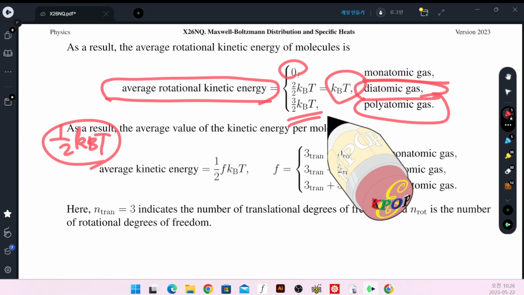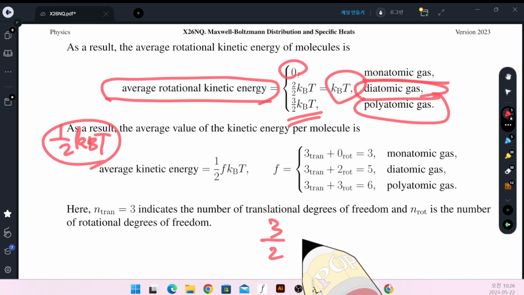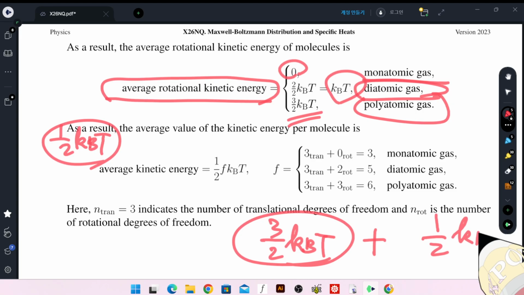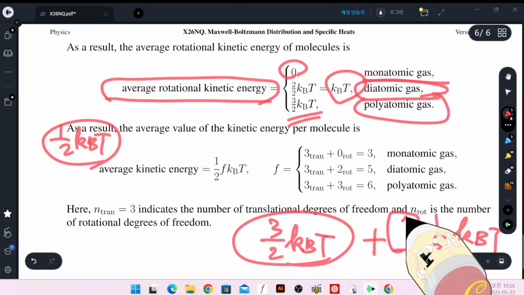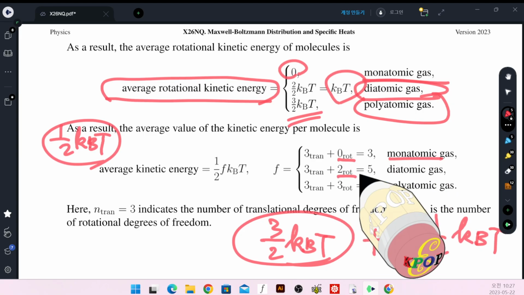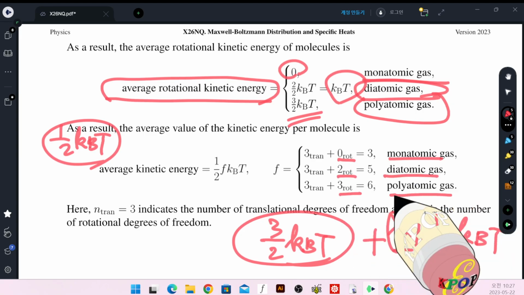As a result, the total kinetic energy is the sum of the translational kinetic energy and the rotational kinetic energy. We have 3 axes of translation, and in addition, a number of axes of rotation that give rise to non-vanishing moment of inertia: 0 for monatomic, 2 for diatomic, and 3 for polyatomic.